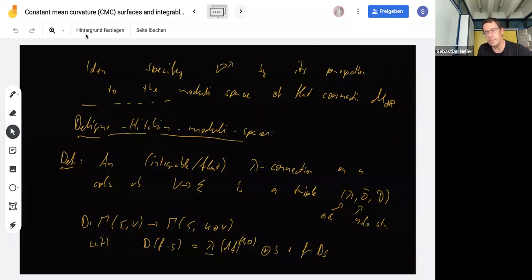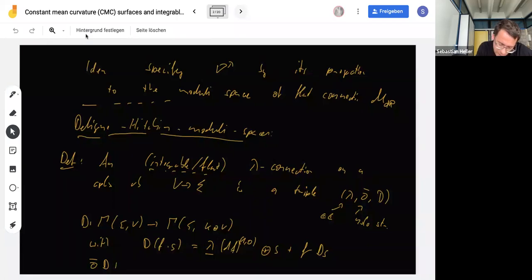So it rescales the symbol, and then I also need to specify what integrability or flatness means. So it basically means that if we take the natural induced operators on the bundles of 1-forms and 2-forms, then we get the corresponding flatness condition: del bar D plus D del bar is 0.